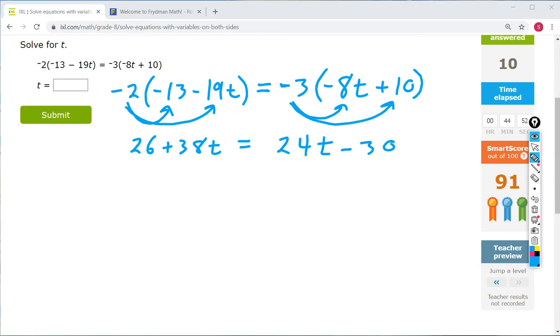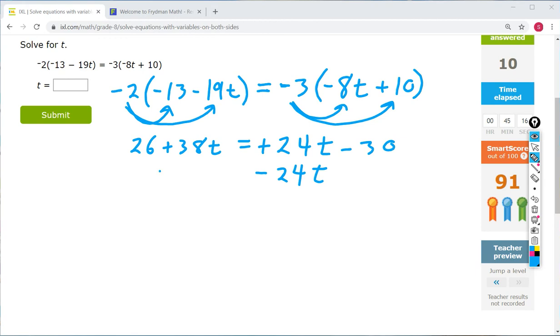Now let's bring the t's to one side. I'll put the invisible plus sign there and then subtract 24t from both sides. Remember, I'm not going to subtract the 24t from this term because this term does not have a t. I'm going to subtract it from this term because this term has a t just like this term does.